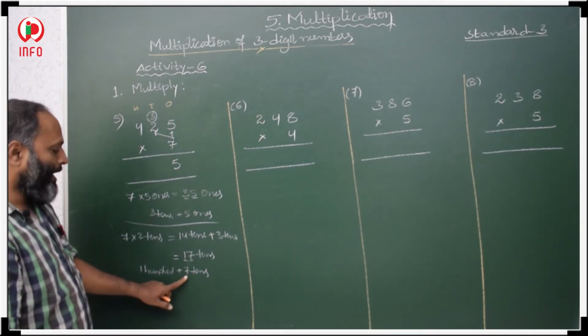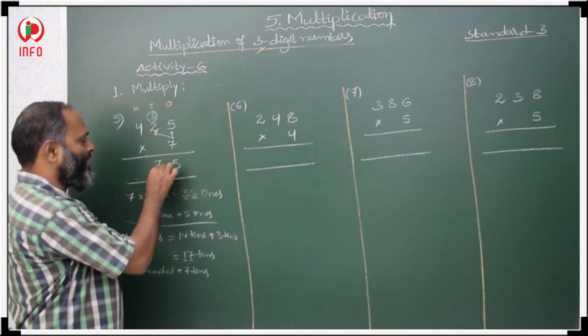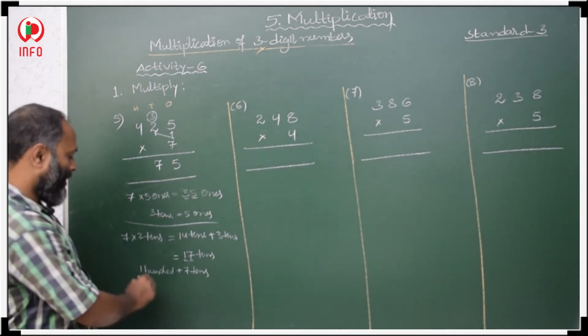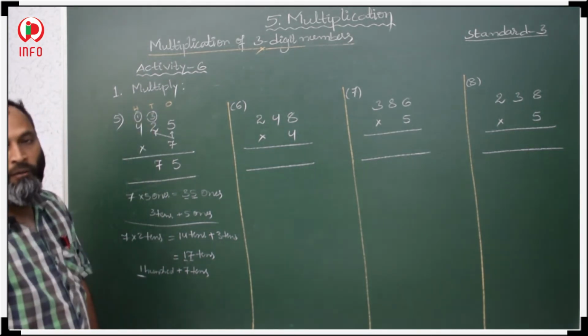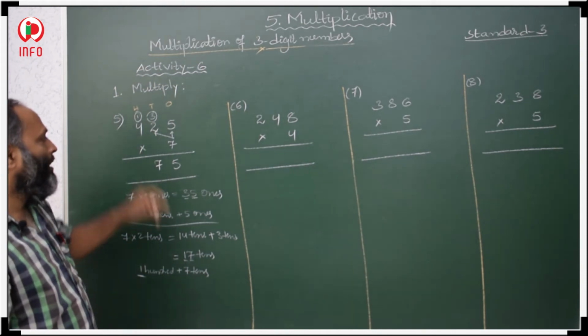So how many tens do we have? 7 tens in the tens column. And how many hundreds? 1, we take carry over on hundreds place.